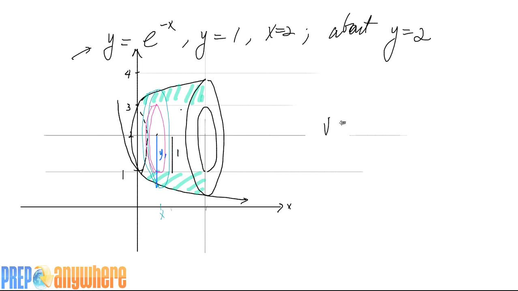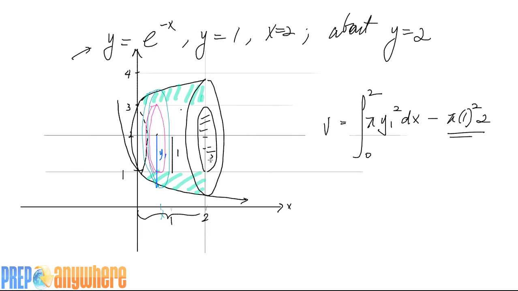The volume is the integral from 0 to 2, because this is 2 here, of pi y1 squared dx, minus the volume of the inner cylinder, which is just pi r squared times height, here 1 squared times 2.